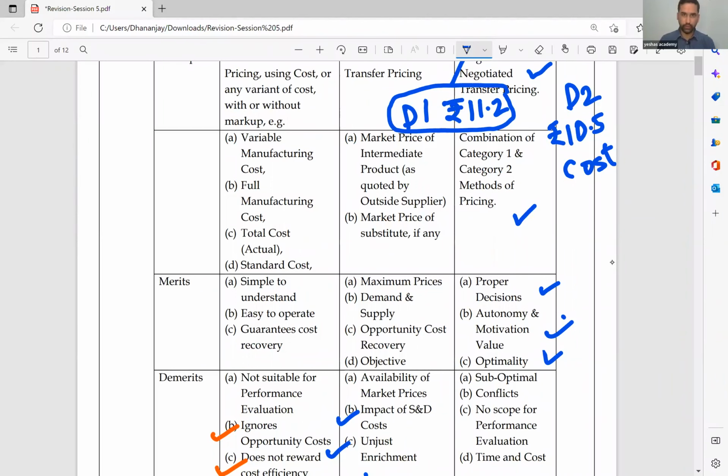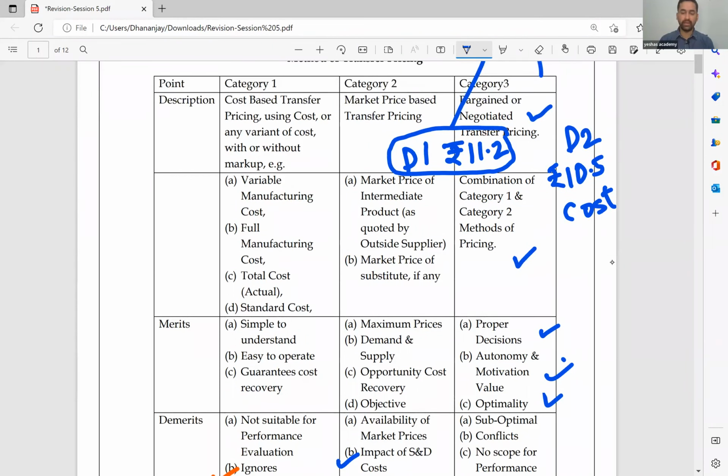Now if you discuss, if you bargain, finally come to one number, say 10.9. It may be okay for department 2 also, because he is getting some saving, because otherwise department 1 would ask 11.2, now it is 10.9, 0.3 saved. Department 1 will also be happy, okay, they're not getting 11.2, but they're still getting 10.9, which is higher than 10.5, which otherwise department 2 was talking about.